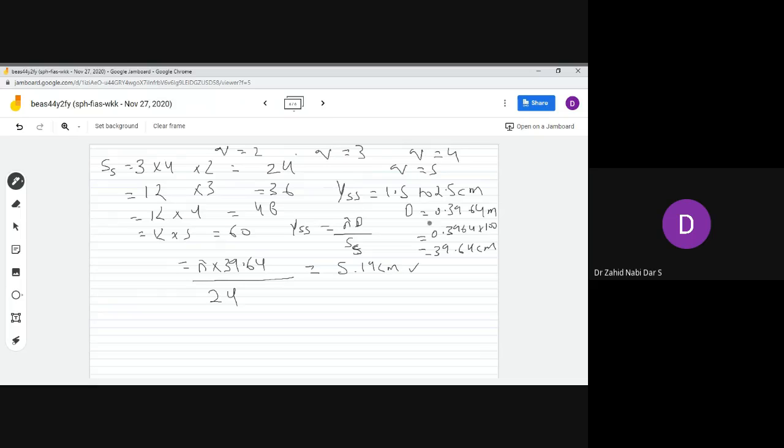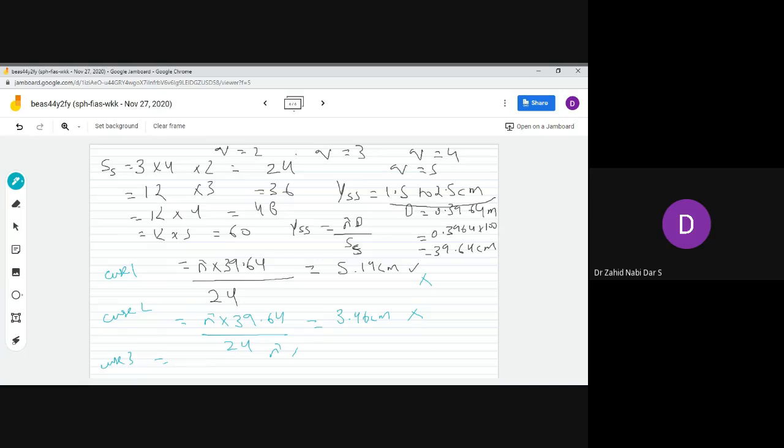5.19 centimeter, which is not in the range of 1.5 to 2.5. So we have to make sure when we are taking this that the value remains as it is. This is case 1. Let's take case 2, pi into 39.64 divided by 36, where the Q value is 3. We are getting around 3.46 centimeter, which again is not in the range, so we cannot take this.